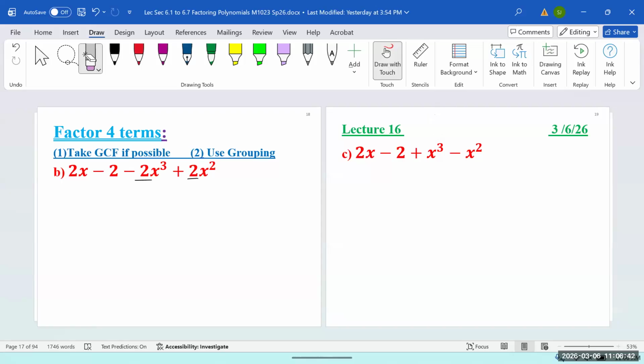This actually will not be in the final. So in all 4 terms, do you see any GCF? Like, is there anything that all 4 terms have? 2 is visible only in the first 2 terms. I'm talking about the right one, sorry, not the left one.